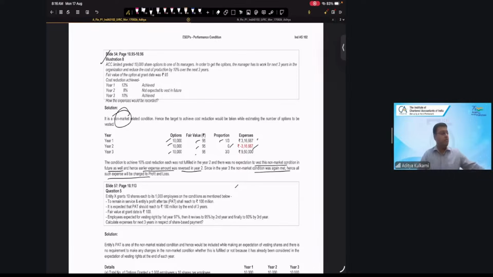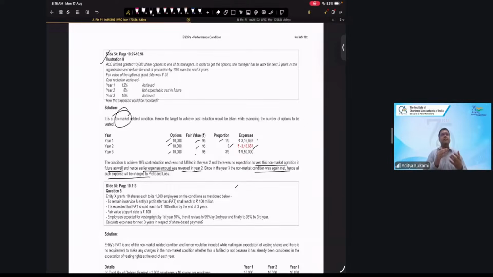Next, we move on to market linked performance condition. Non-market linked was something within the control of the entity: cost reduction, turnover achievement, net profit maximization, P&L ratios stabilization. All these are within the control of the organization through its operations.